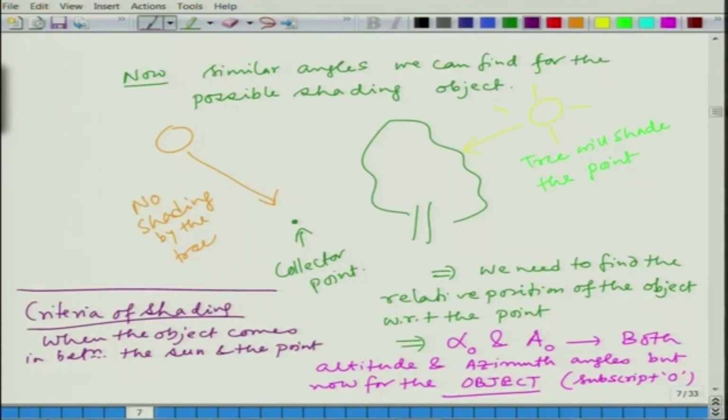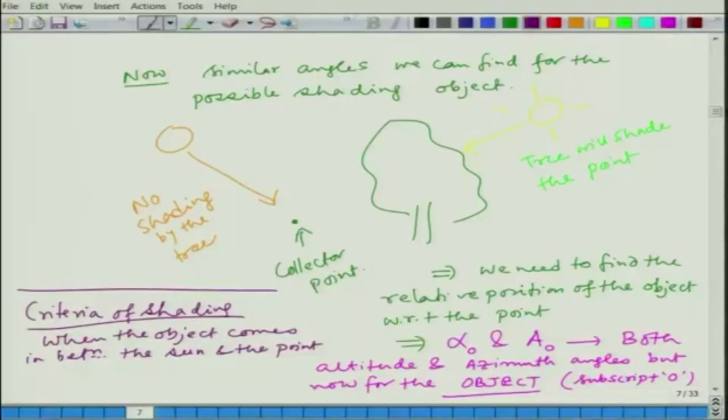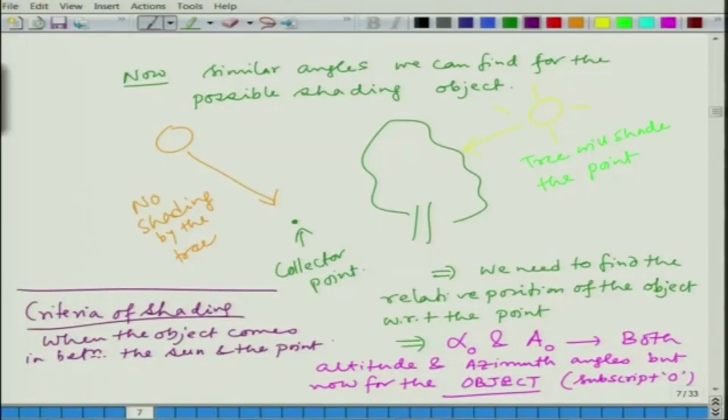Eclipse is a shading phenomena, right. So, what happens there? For the solar eclipse, the moon comes in between the sun and the earth, okay. That is how the eclipse happens. And for the lunar eclipse, the earth itself comes in between the sun and the moon. So, here also when we have the object in between the point or the observer location and the sun, then the shading will happen.